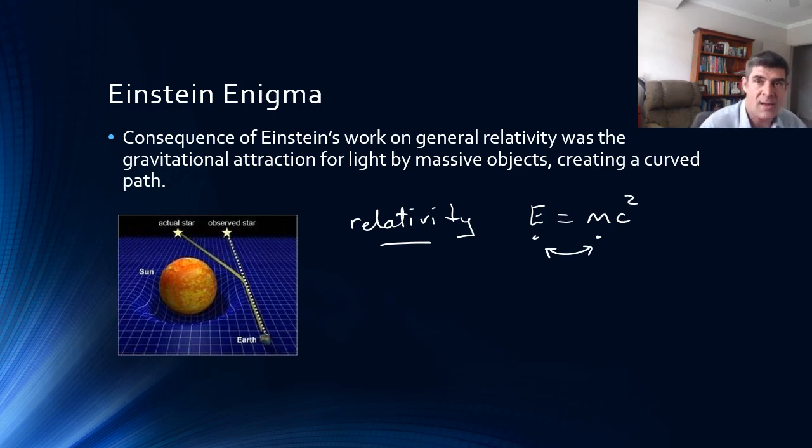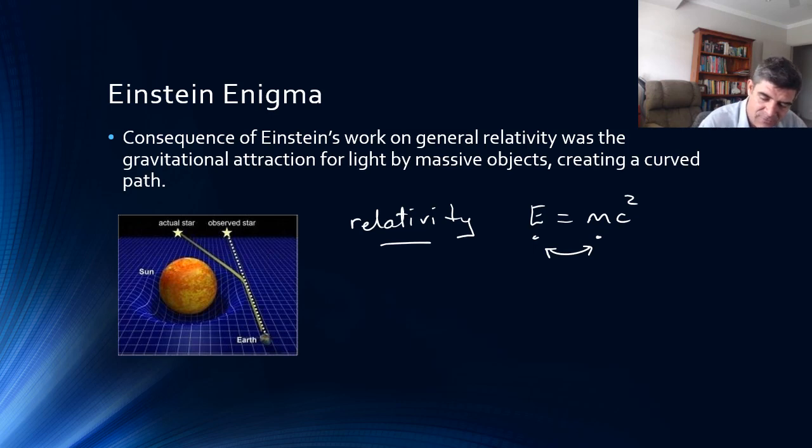This is what powers stars like the Sun, but it also means there is a way of linking energy like light energy to a gravitational effect. And this is one of the things that Einstein predicted, which was later found to be the case.